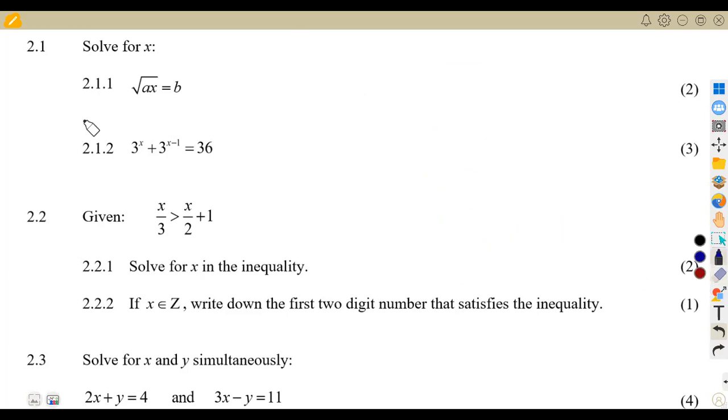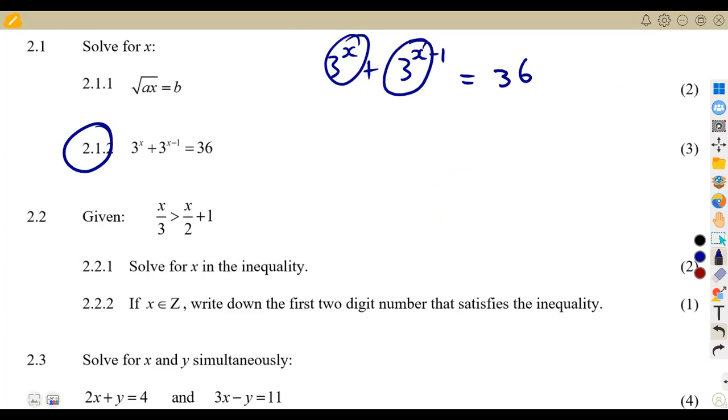All right. Let us consider the other question that we're given, which is 3.12. Solve for x, and again, we are given 3 to the exponent of x plus 3 to the exponent of x minus 1, which is equal to 36. On a normal consideration of this type of question, what you're supposed to do is to factor out the 3 to the exponent of x that we are seeing being common. But how can we do that?